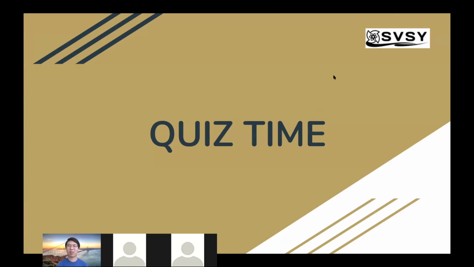Now we're just going to check in every once in a while, to make sure everyone is getting the concepts we're talking about. So we're going to have a quick quiz time. I'm going to put up a poll in the Zoom. The question is, what is the genotype frequency resulting from a monohybrid cross? Remember, we talked about two frequencies, the genotype and the phenotype.